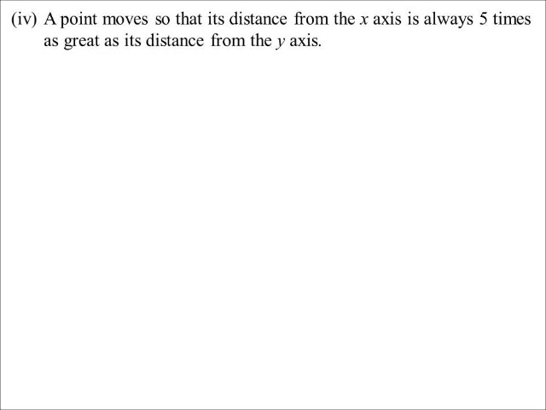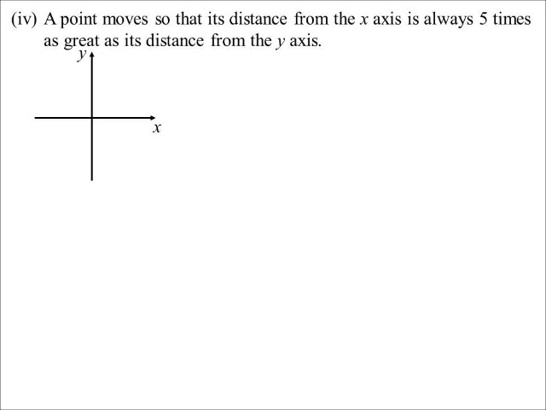A point moves, its distance from the x-axis is always 5 times as great as its distance from the y-axis. So distance from the x-axis is 5 times distance from the y-axis. Gut feeling on this one would be y equals 5x. The other logical possibility, I suppose, would be 1/5, depending on which one it's closer to. So they probably would be the 2 answers I would expect.